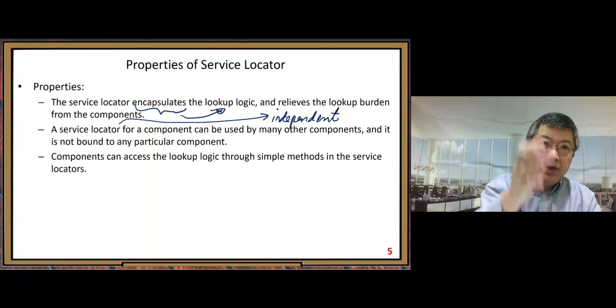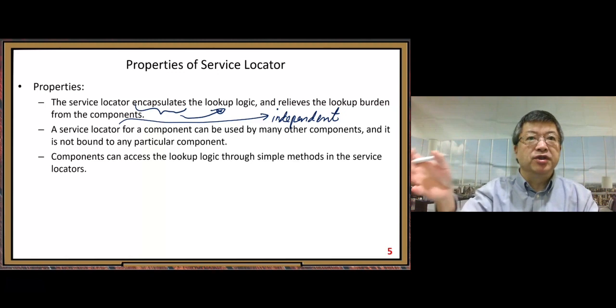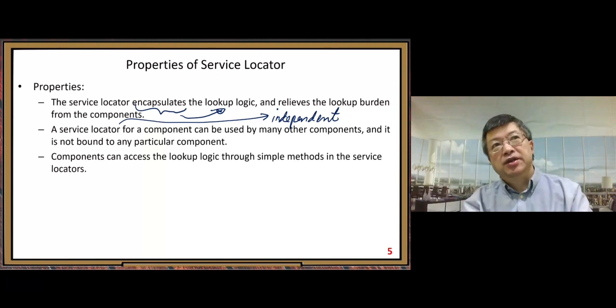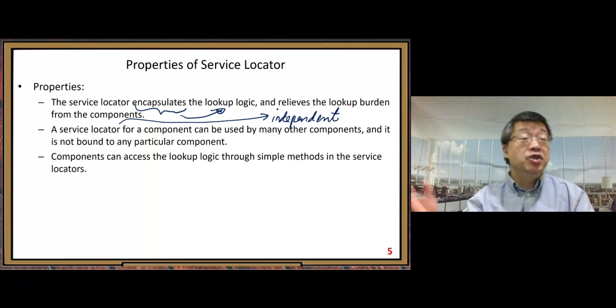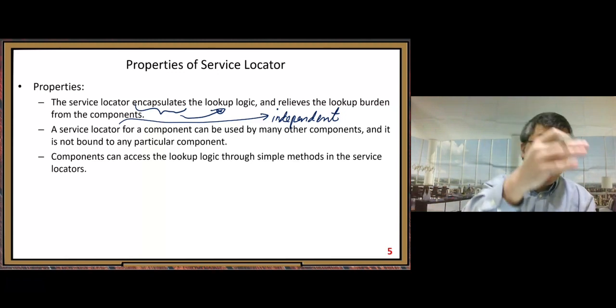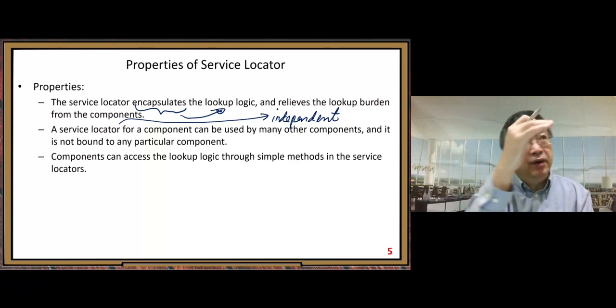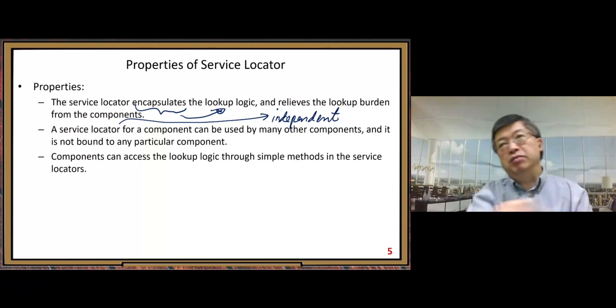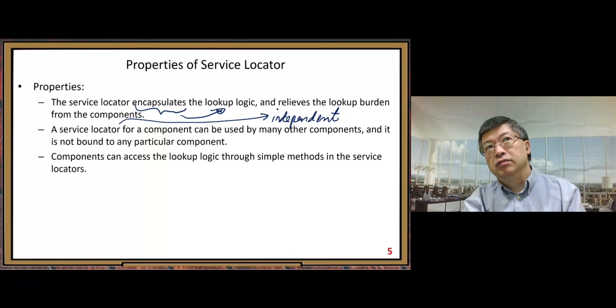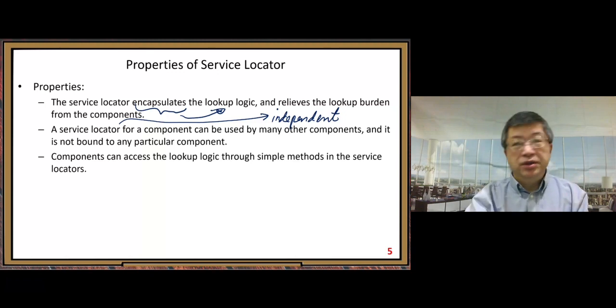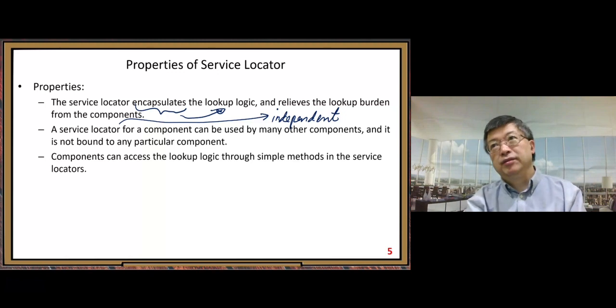Components can access the lookup logic through simple methods in the service locators. In our previous slide, we saw it is very simple. Calling its static method, it will return the right resource object. You do not even need to know the resource name.